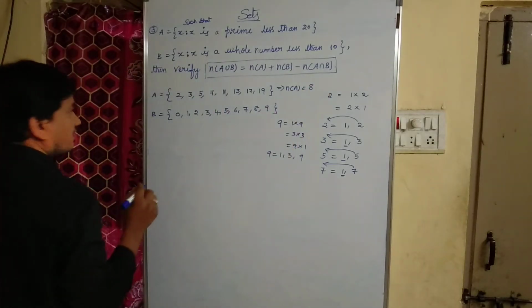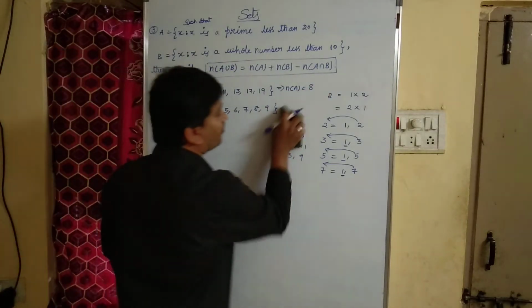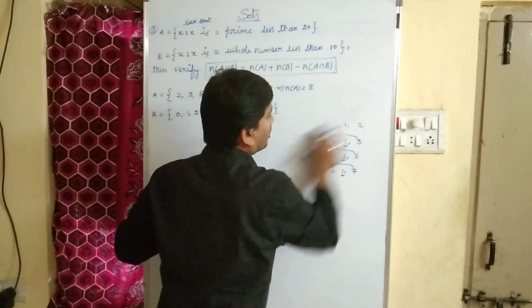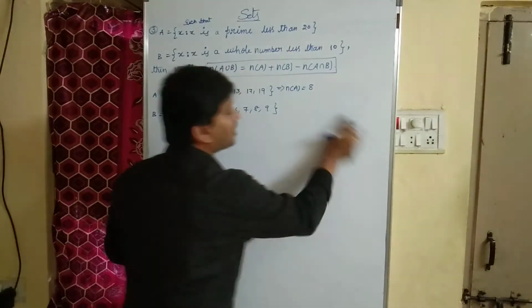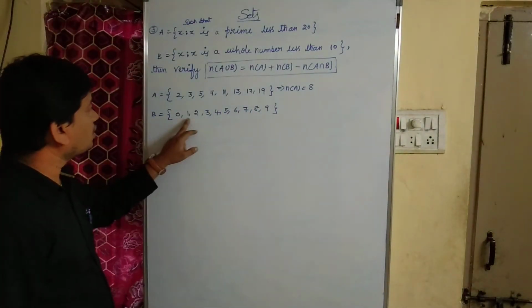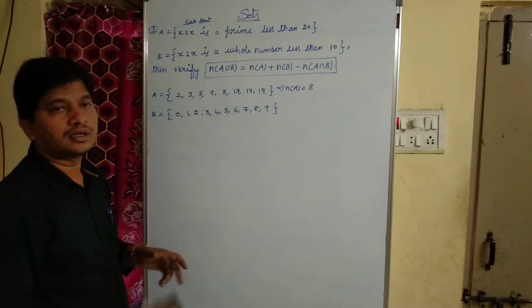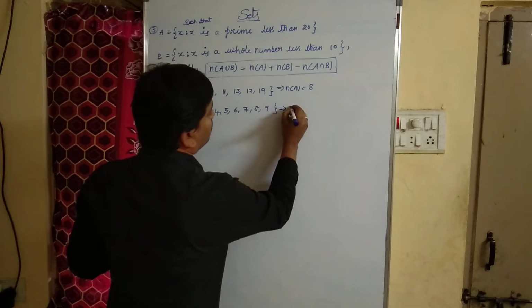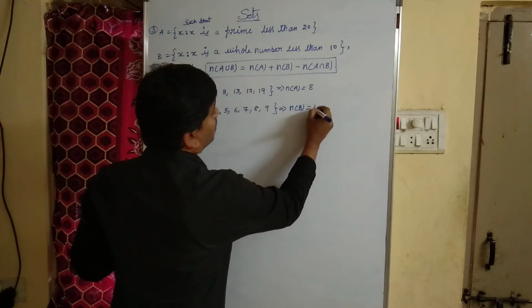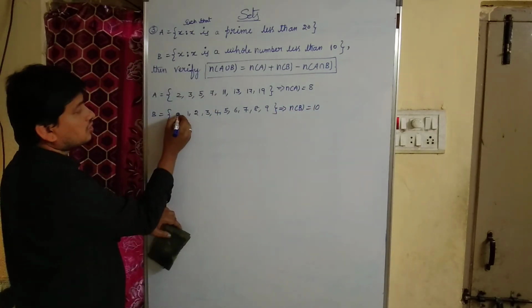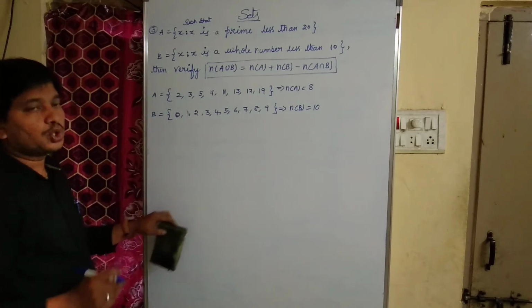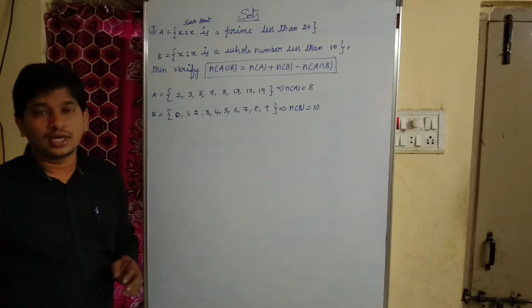Now coming to N of B, how many elements are there in set B? 1, 2, 3, 4, 5, 6, 7, 8, 9, 10. So N of B equal to 10. Children, 0 is also an element. Don't confuse, 0 is also an element.